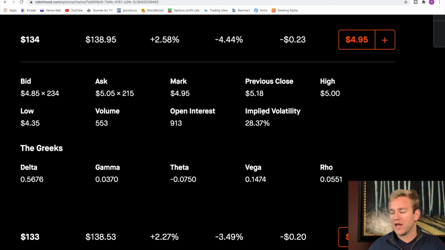Right here we have an implied volatility of 28.4. That means that if the implied volatility were to increase by 1% up to 29.4%, then the value of your contract would go up by 14, or I guess it would be 15 cents. So you would go from $4.95 to $5.10.